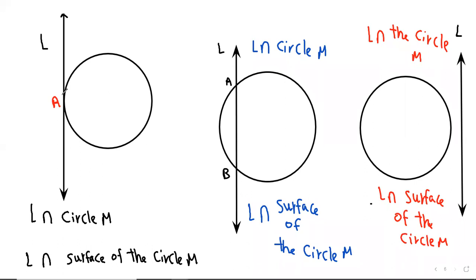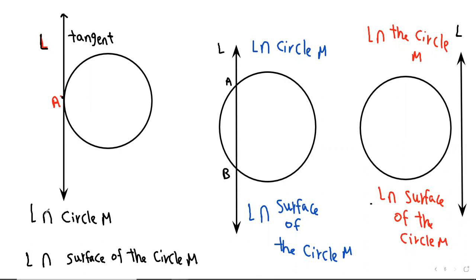Now we are going to study the position of a line with respect to the circle. The line L here in the first figure touches the circle, okay, at the point A. The straight line L here is called the tangent to the circle. And this tangent touches the circle at one point.